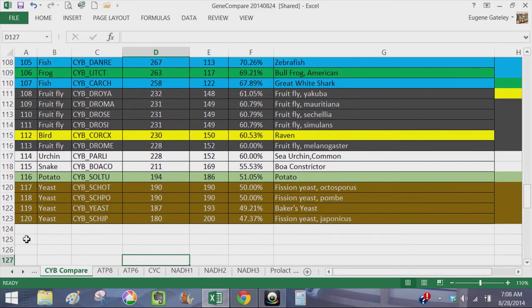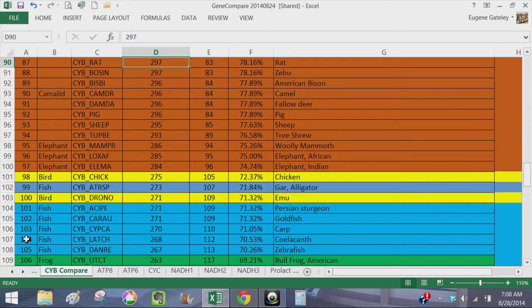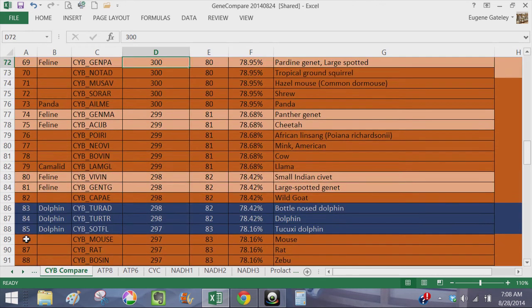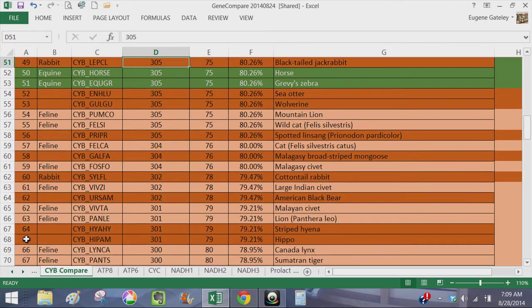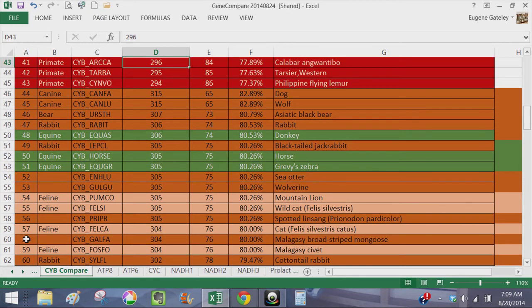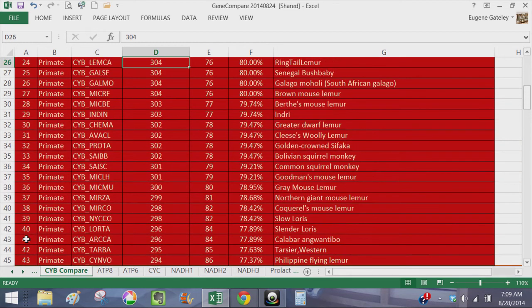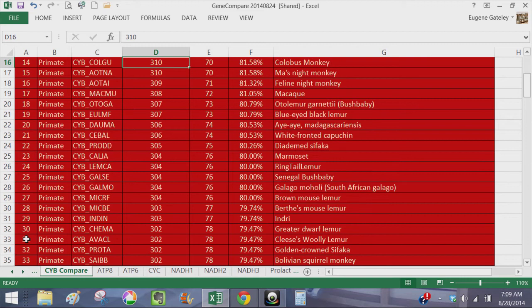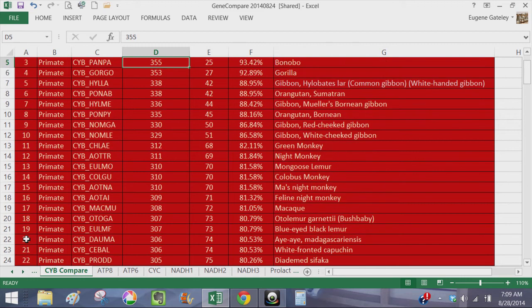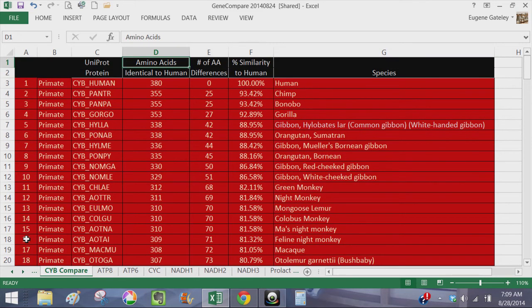So it's 120 species, 43 of which are primates, and the Cytochrome B gene, or the product of the gene, which is the protein, is what we're comparing. So the human Cytochrome B protein consists of 380 amino acids, and here basically I just have everything on the sheet numbered.